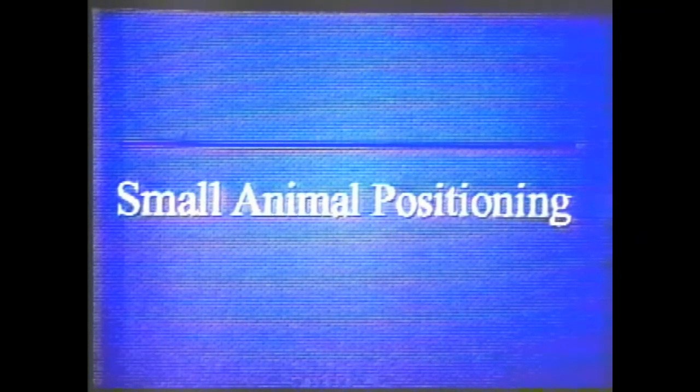The three principles which must be remembered in reducing personnel exposure are: number one, time of exposure. The time of exposure is best reduced by always doing it right the first time and therefore avoiding repeats. Whenever a repeat is necessary, it means that the exposure to the personnel is going to be doubled.